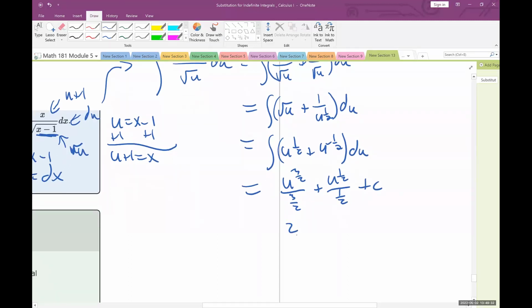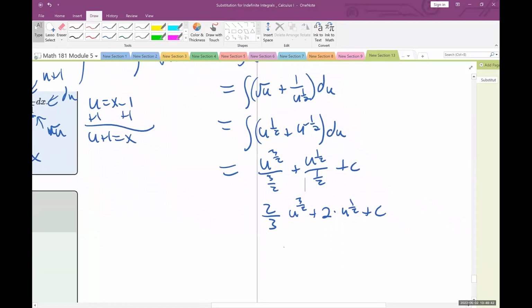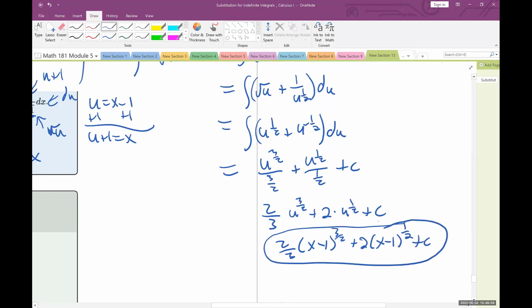So we have 2/3 times u to the 3/2 plus 2 times u to the 1/2 plus c. That's going to be 2/3 times x minus 1 to the 3/2 plus 2 times x minus 1 to the 1/2 plus c. That's it.